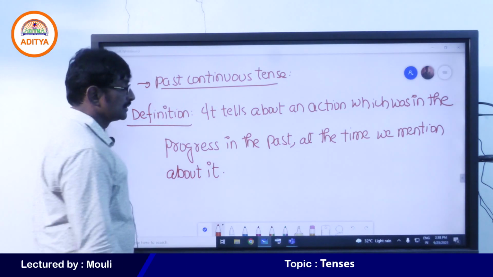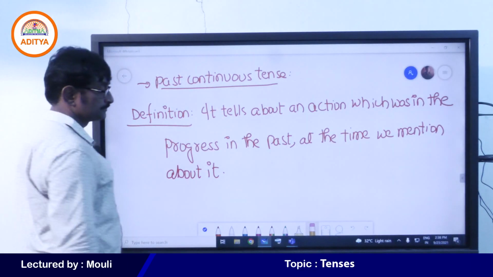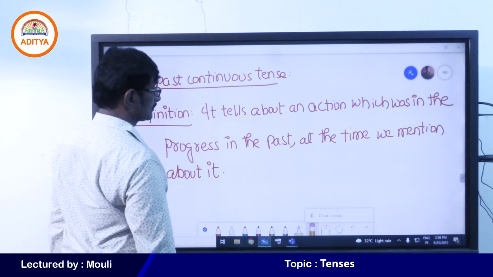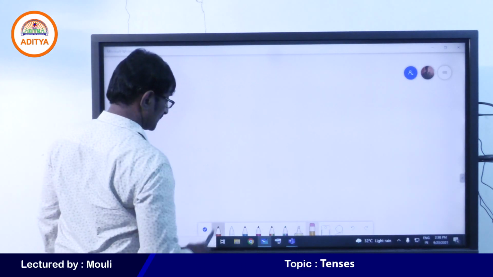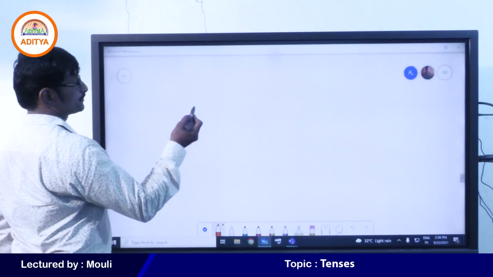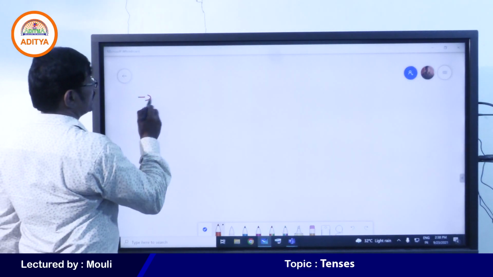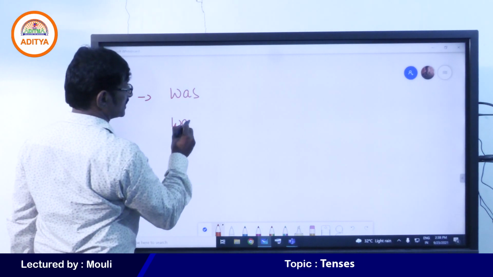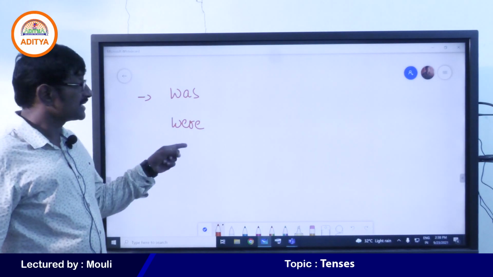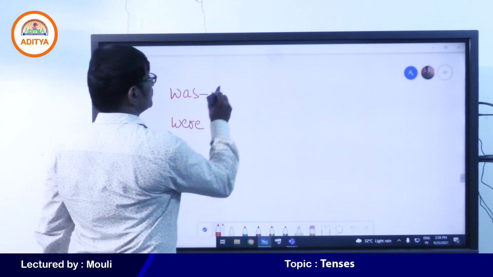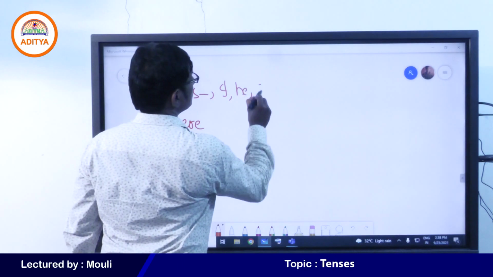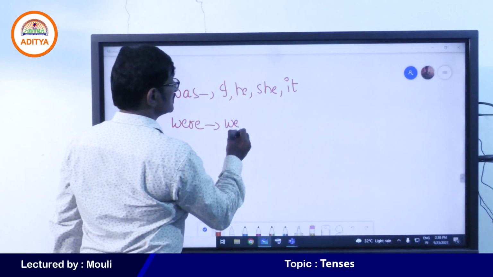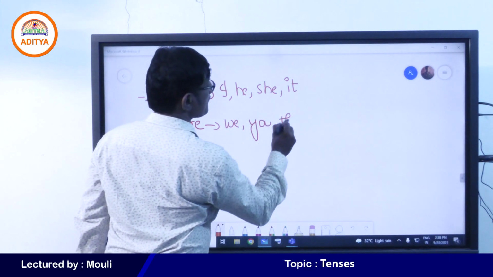Okay, students, we are going for the next step. Now you look at this. In past continuous tense, we have two verbs, was and were. With was, we use I, he, she, it, and with were we use we, you, and they.